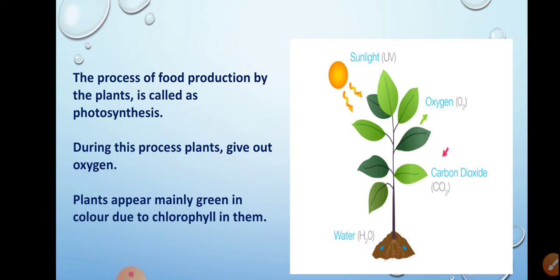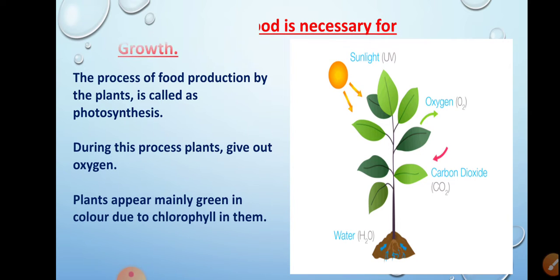Now, for growth, food is necessary. So how is food produced by plants? By means of the photosynthesis process. As we all know, plants make their own food in sunlight. Plants produce food from water, nutrients present in the soil, and the carbon dioxide present in the air.